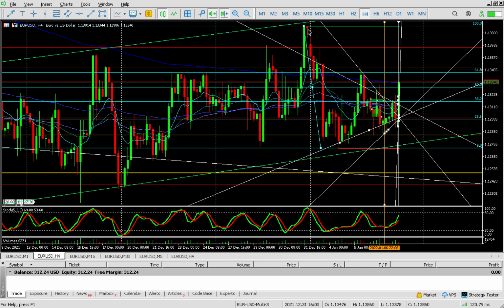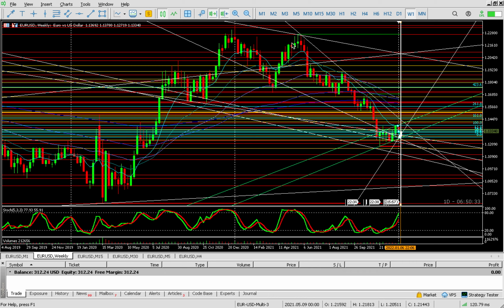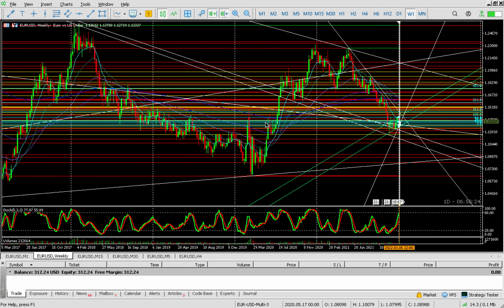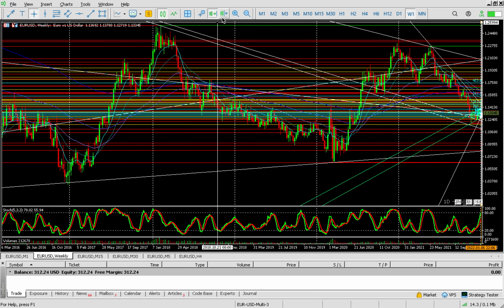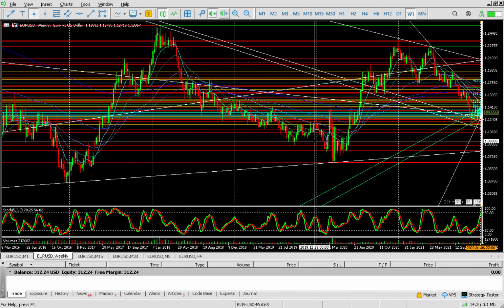But if it respects the 61.8 and wants to go back down, because what do we have overall? It's going down right now. Basically it's higher over here, and then it's lower over here, but we got a higher low here.